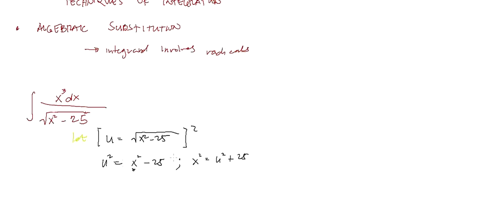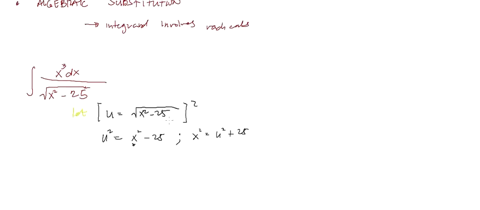Okay, and then let's take the derivative of this. We have 2u du, and the derivative of the other side is 2x dx, right?